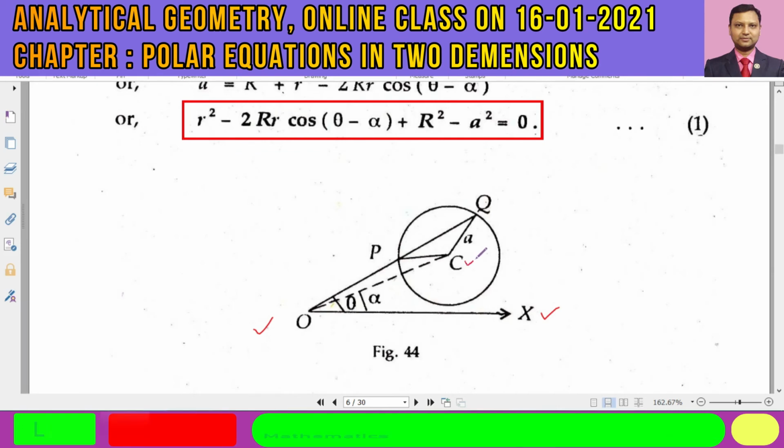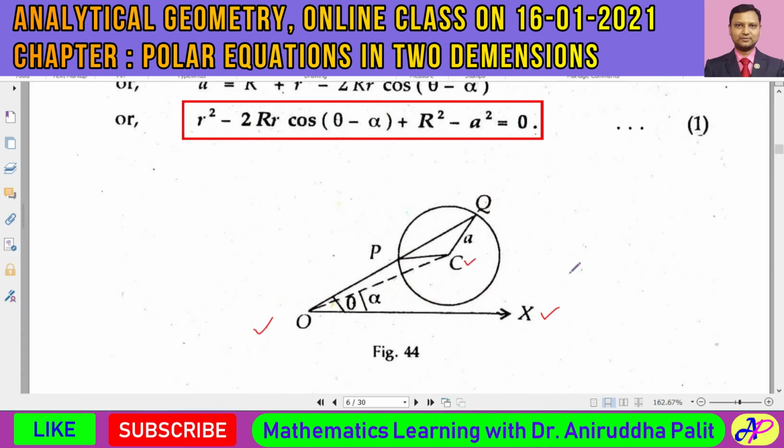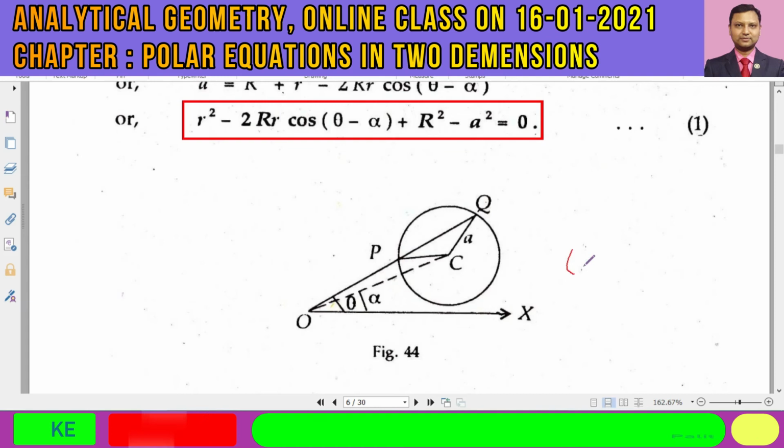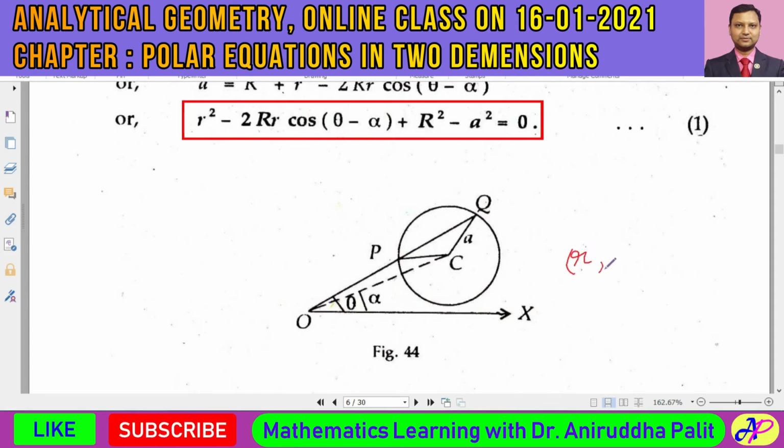Suppose this point is the center of the circle, and this center has polar coordinates R, alpha.